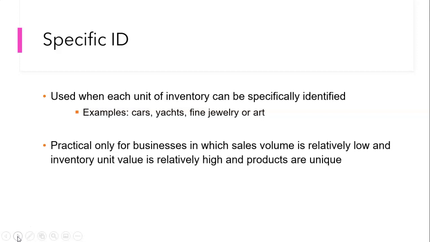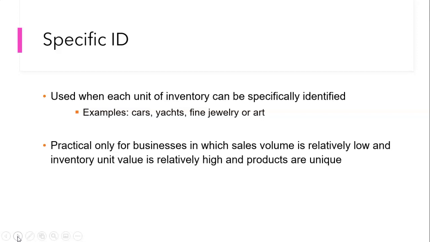Now, cars are not necessarily a low volume item to sell, but yachts, there's only so many yachts sold. Fine art and fine jewelry, one of a kind pieces, these are not sold in zillions. And their unit value, how much they're sold for, is high. And they're all unique. That oil painting is one of a kind.